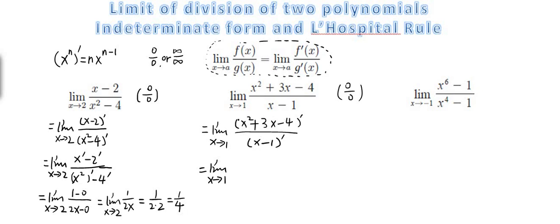That means we're gonna do the derivative for each term, difference or sum rule, for each term. And for the denominator, very similar. We do the derivative for the x, do the derivative for the constant 1, and then we can simplify it.